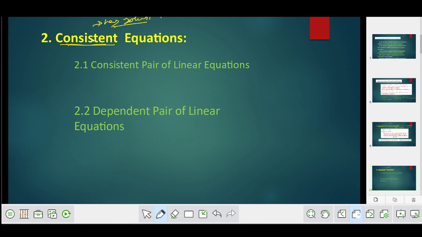That means equations that have a solution are defined as consistent equations. We can classify this in two ways: a consistent pair of linear equations and a dependent pair of linear equations.